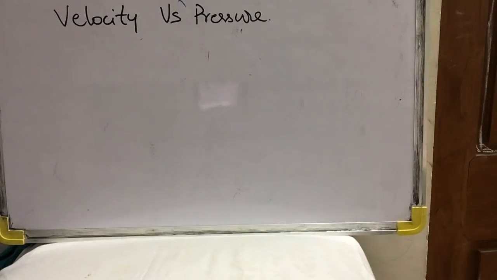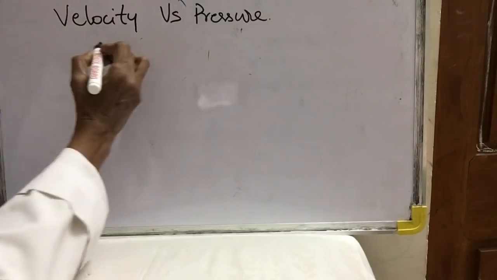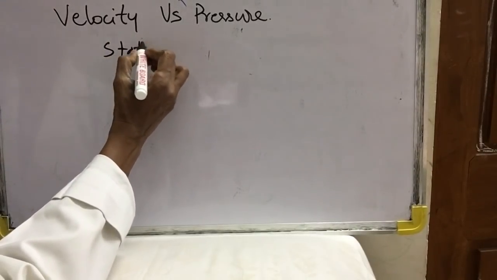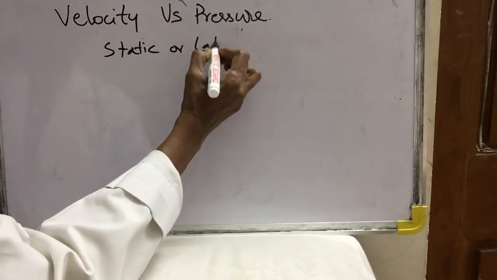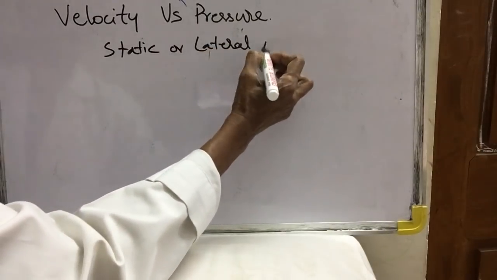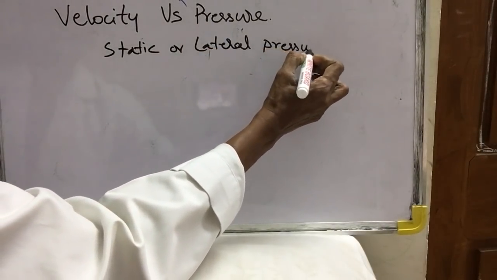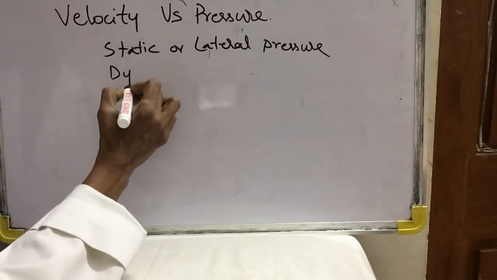Of course we are talking about blood here, so the change in the pressure will change the velocity, and there are two types of pressures in the blood vessel. One is the static or lateral pressure, and the other is dynamic pressure.